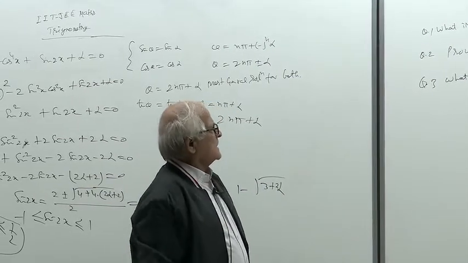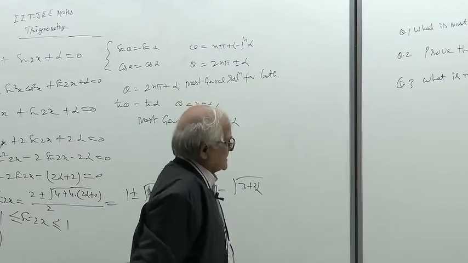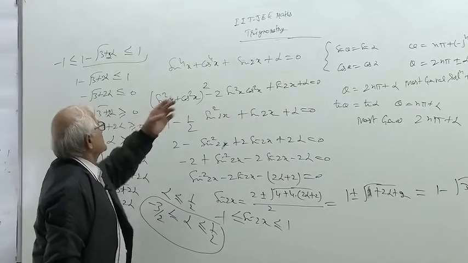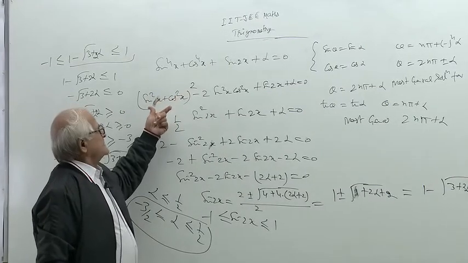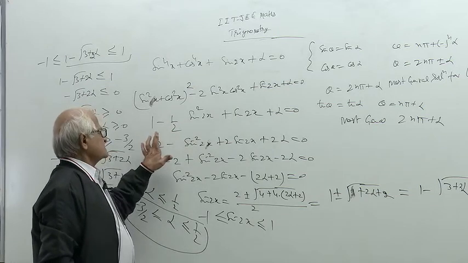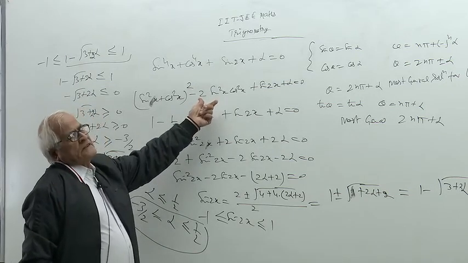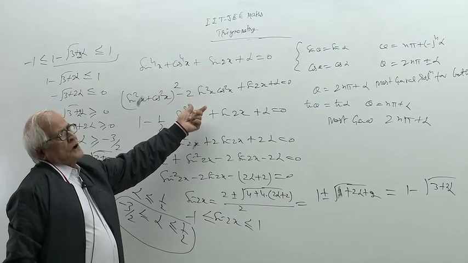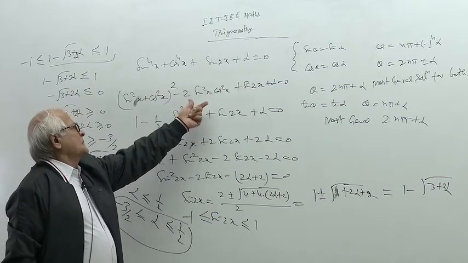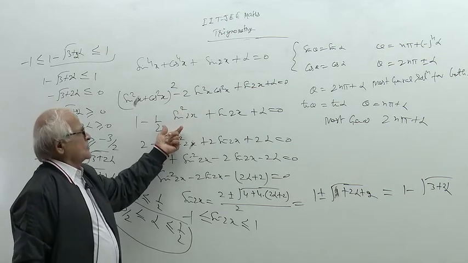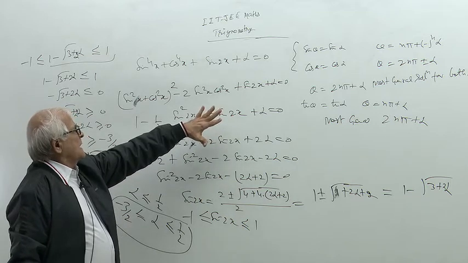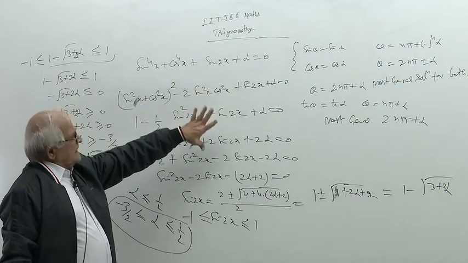Now I am again repeating. You make the square and subtract this. You know this is 1. And you know sin 2x is equal to 2 sin x cos x. From this value, no difficulty, no doubt. Here put the rest of the terms as such.